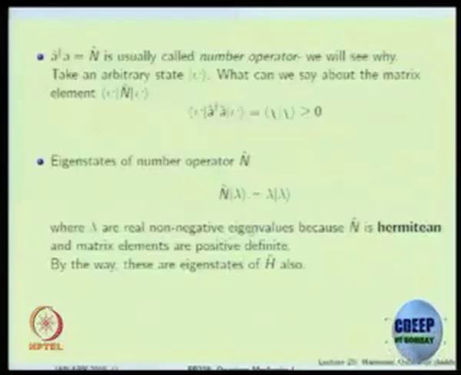Hamiltonian and number operator will share the same eigenstates, and the eigenvalue of the Hamiltonian will be h cross omega times lambda plus half, right? Is that right? Okay.